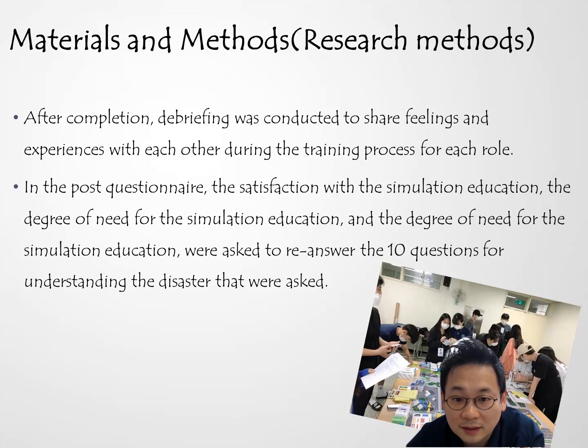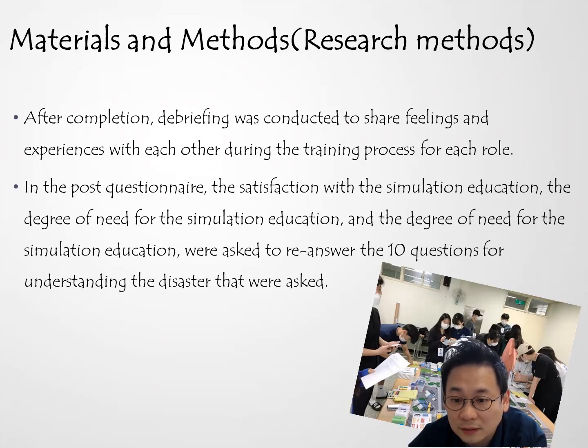For statistics, Windows SPSS Statistics was used. Continuous variables were expressed as median and minimum and maximum values, and repeated measure variables were analyzed using the Wilcoxon test, and nominal variables were expressed as frequencies and percentages.